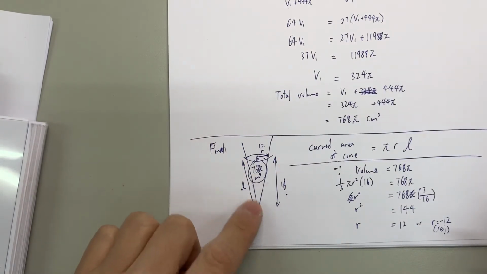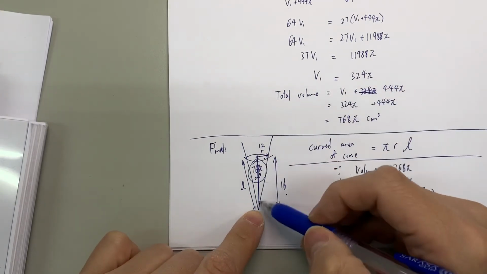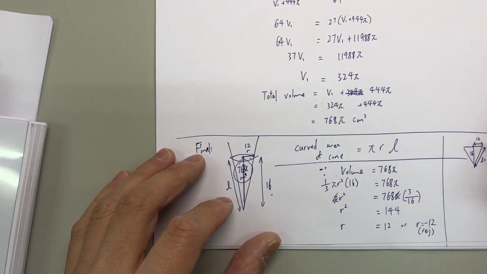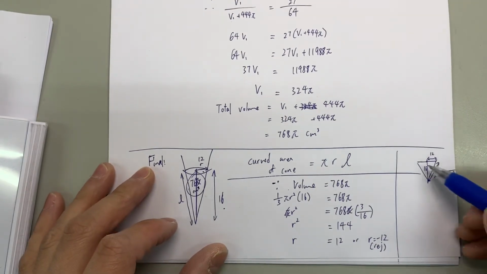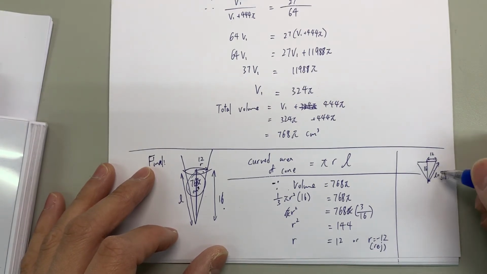Then how can we get the slant height? Most of you know that we are going to use the Pythagoras theorem. This is the cross section. The height is 16. The width here, that means the radius, is 12. We want the L here, which is equal to square root of 16 squared plus 12 squared. Or if you remember 3, 4, 5, this one should be 20.